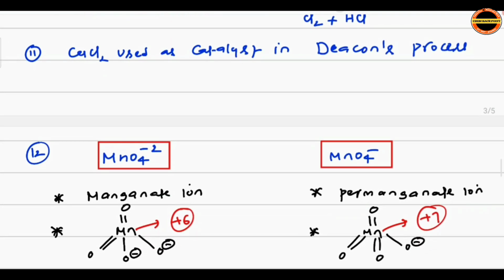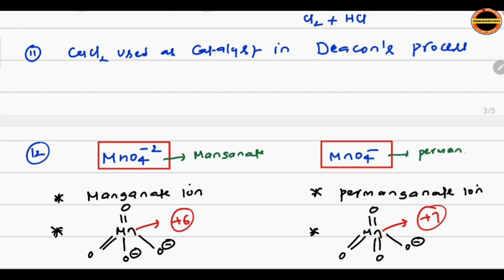MnO4 2- is the manganate ion. Here MnO4 - is the permanganate ion.